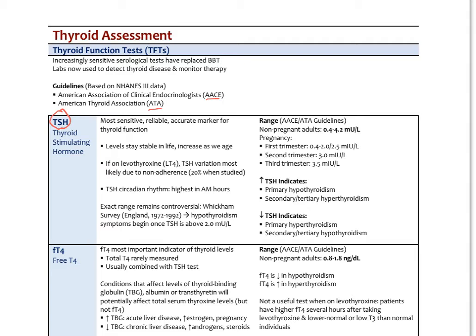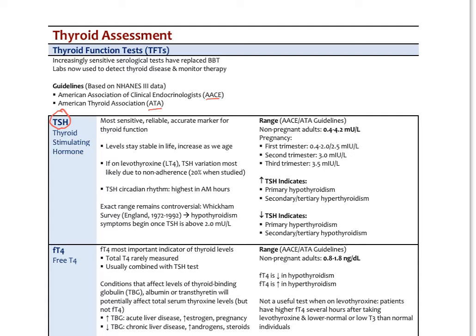But it could be that the deiodinases in your peripheral tissues are not functioning optimally, and you could actually be essentially starving of thyroid in your skeletal muscles, but the brain is not perceiving that. So the TSH level really reflects what the hypothalamus and pituitary are sensing, and may not necessarily correlate with what's going on in the rest of the body. So there is some controversy about that, but we pretty much take this as our primary test today.